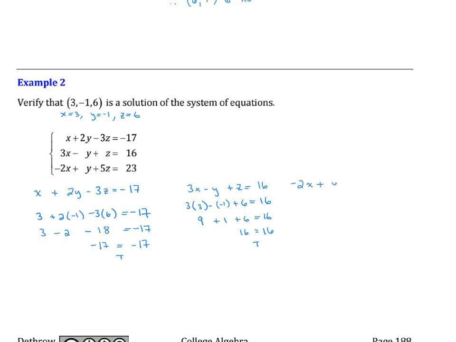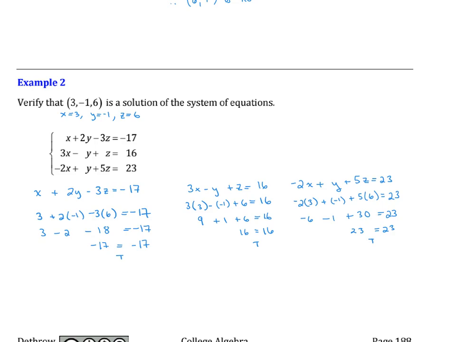Negative 2x plus y plus 5z equals 23 would become negative 2 times 3 plus negative 1 plus 5 times 6 equals 23. So we have negative 6 minus 1 plus 30 equals 23. So that means 23 would equal 23, which is true.